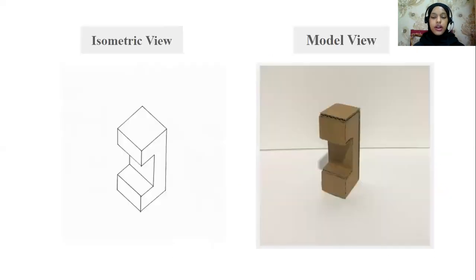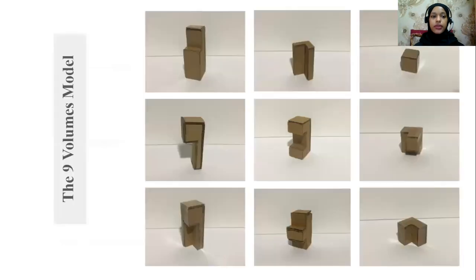These are pictures of a volume. On the right, you can see the model view, and on the left picture, you can see the isometric view of this volume, which is based on the points and lines method.